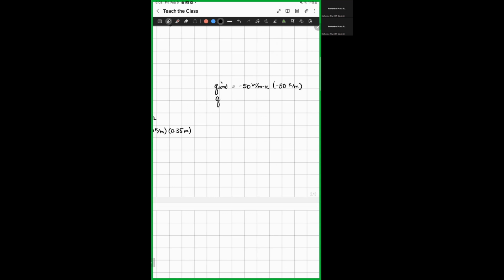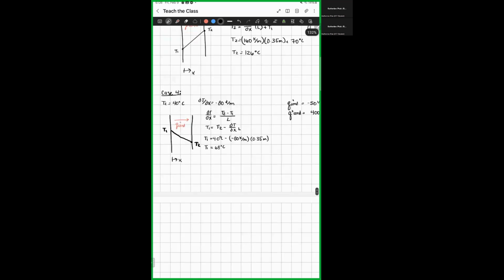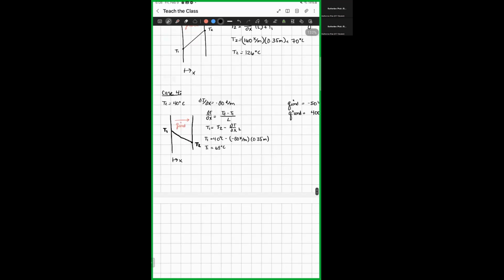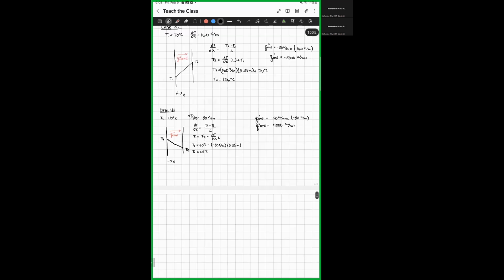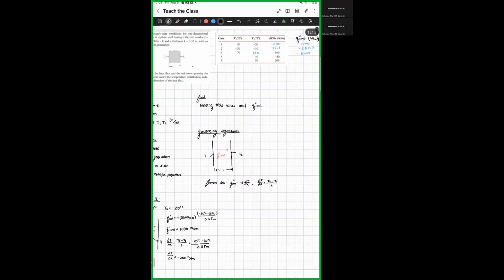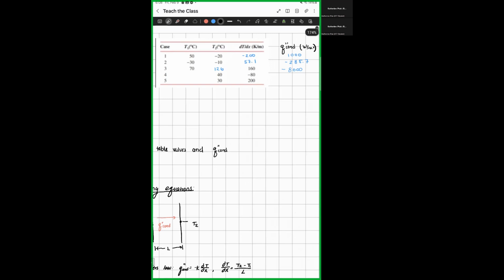And you will get, when you do the math, 4,000 watts per meter squared. So this is a positive number, and this makes sense because we're going in the positive x direction. We're moving heat from T1 to T2, and how we drew our arrow, it would be in that positive direction. So this makes sense. We can fill in our little chart. We got 68, and we got a positive 4,000.